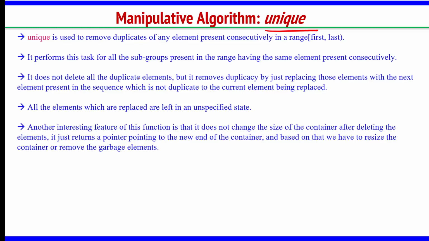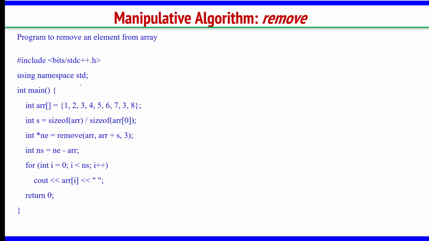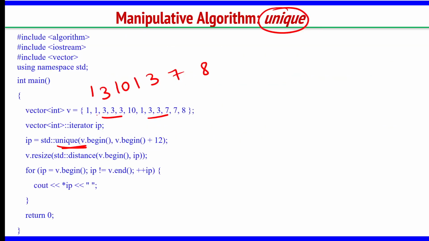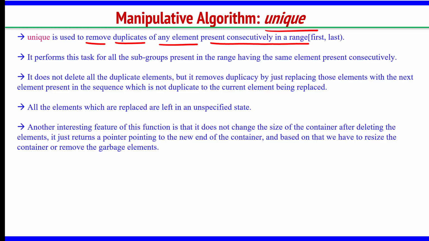Let's see this, right. It is used to remove duplicates of any element present consecutively in a range. Okay, so here there are duplicates. 1 1 is duplicate, so this is removed. Then 3 3 3, there are duplicates, these two are removed. It performs this task for all the subgroups present in the range having the same element present consecutively.